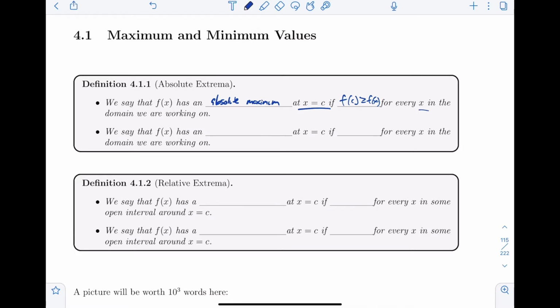Similarly, we can say that f has an absolute minimum at x equals c if f of c is less than or equal to f of x for every x in the domain that we are working on. All we're saying here is that this is the biggest thing all around for all the values of f, and the absolute minimum is the smallest thing around, okay?